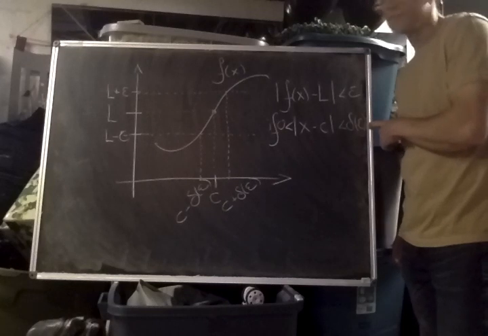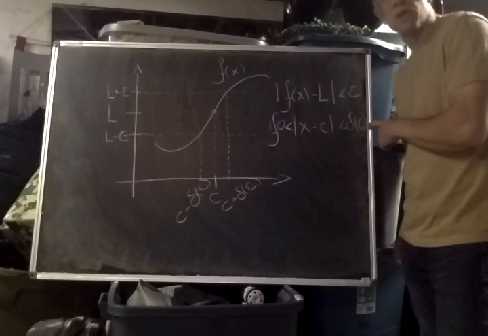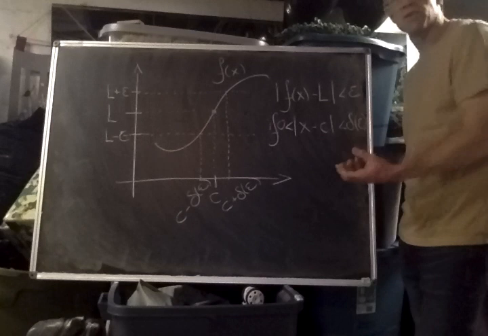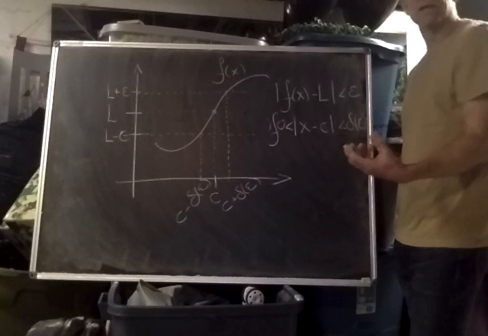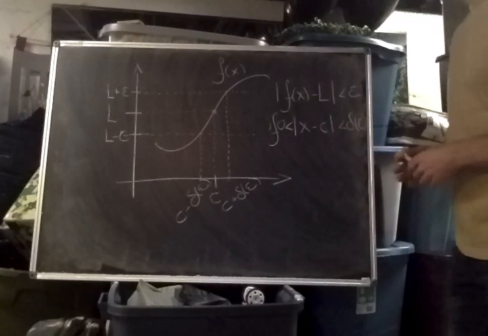There might be a sort of canonical or obvious choice for delta of epsilon, but there's no one right choice. Anytime you find something that works, anything smaller will also work, and that's similar to what happens with sequences. Once you find a big enough n of epsilon that works, any bigger n will also work, okay?